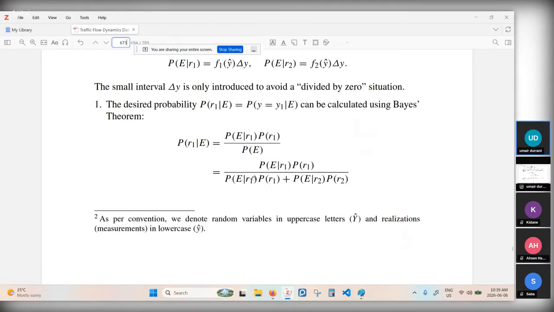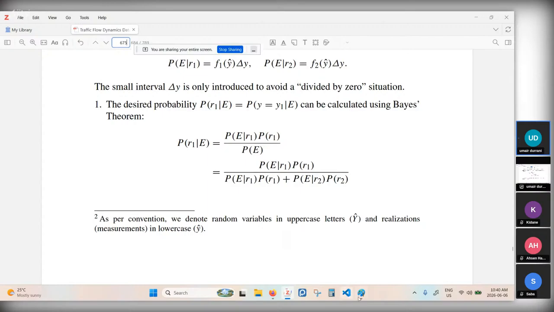So you have the desired probability of R1 given the evidence, where evidence means here the geographic coordinates that we obtained, equal to the probability of y equal to y1 given the evidence, which can be calculated using Bayes theorem. Given that you have obtained the geographic coordinates that you obtained, what is the probability that you were actually on the road segment R1?